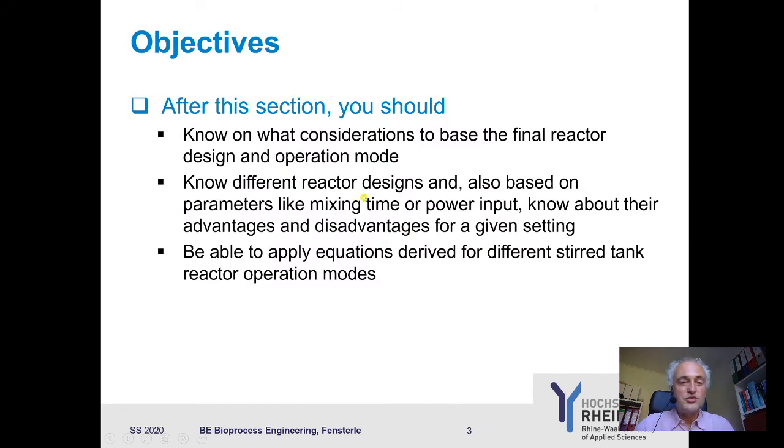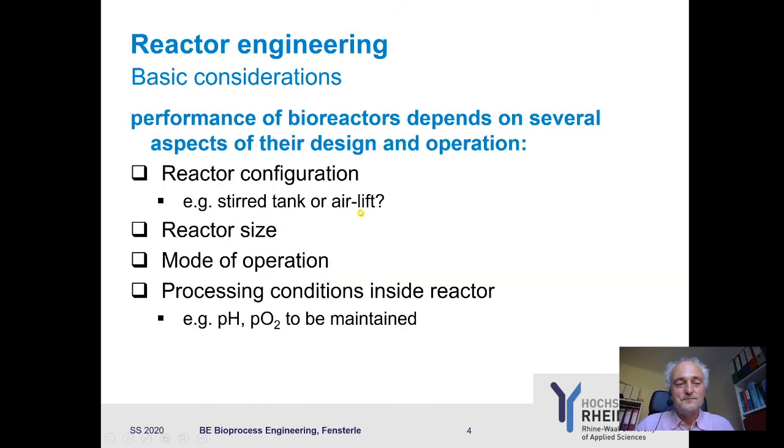So this is what you should know in this chapter. Now let's start with basic considerations with respect to reactor engineering. If I have bioreactors, how do they actually perform? Several aspects go in there. First of all, the reactor configuration. What type of reactor do I have? Do I have a stirred tank reactor, or, for example, an airlift reactor, a bubble column reactor, and so on?